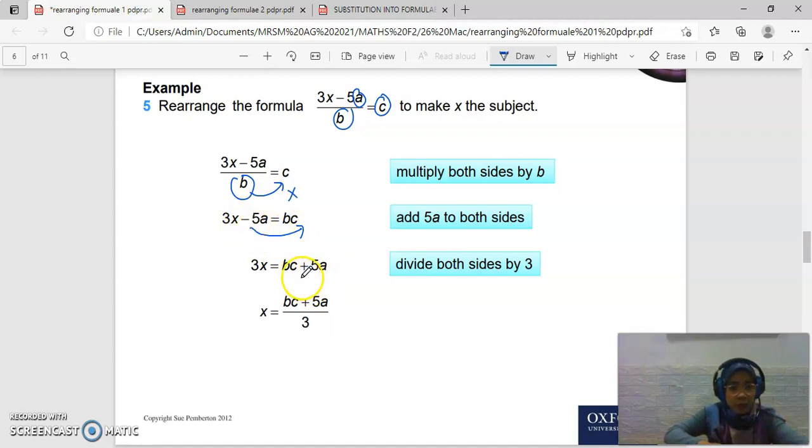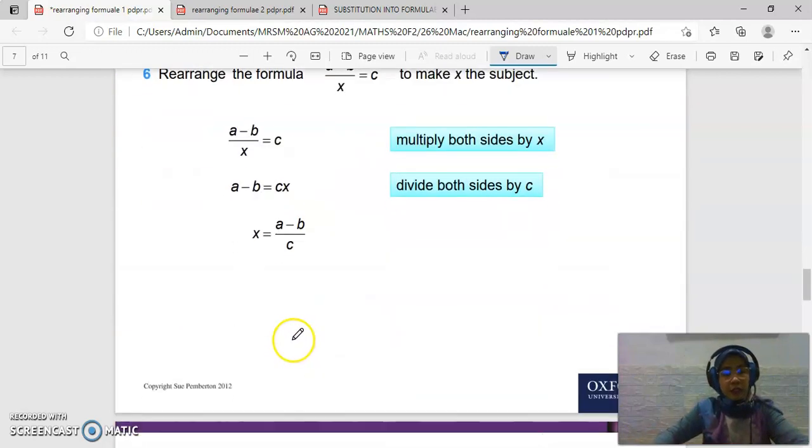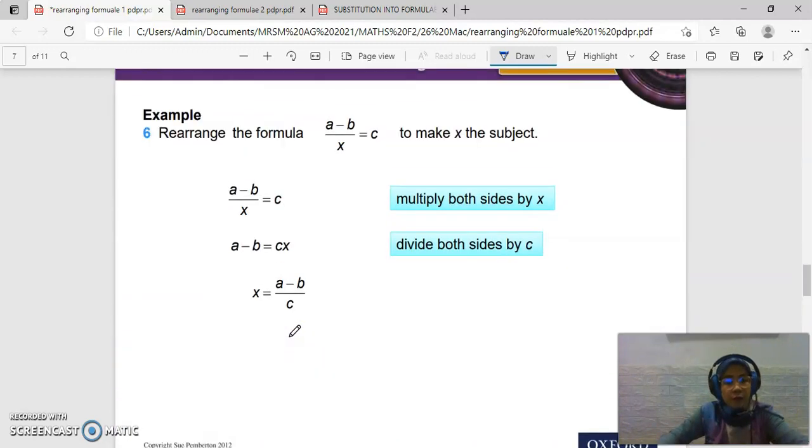So bc plus 5a. Next we bring 3 to the other side as division, so this part is addition. What is left is x only with coefficient 1. So x equal to bc plus 5a over 3. That is example 5. So we go to example 6.